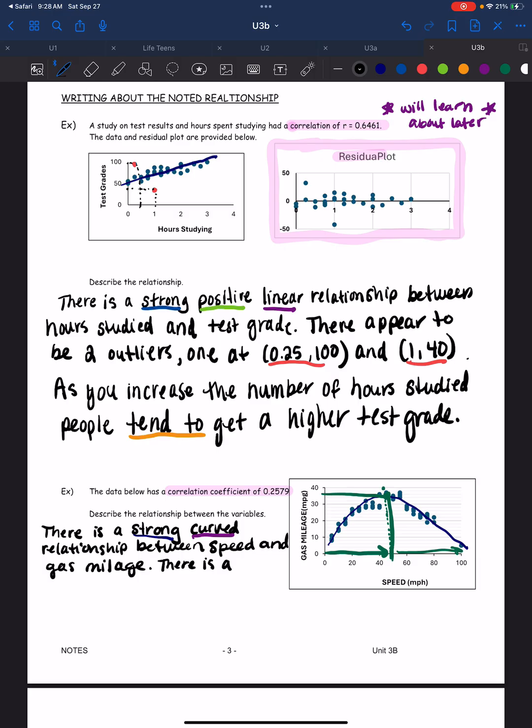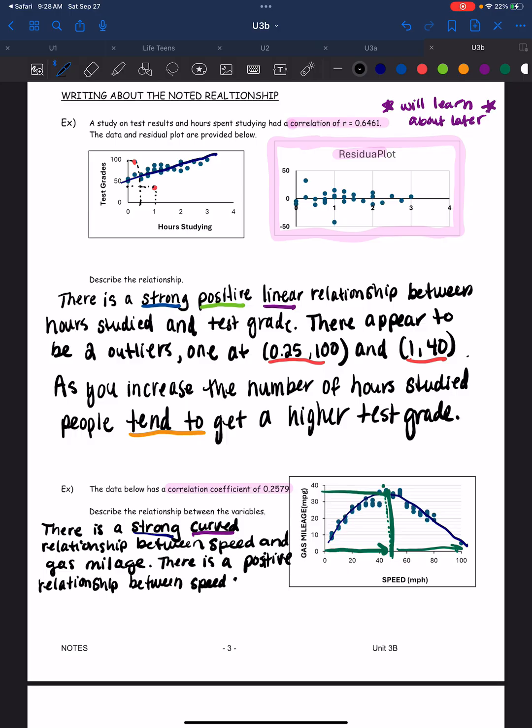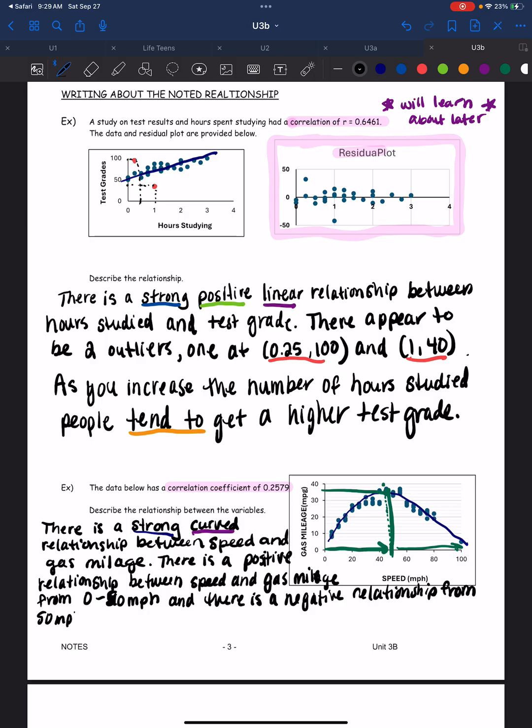So we would say there is a positive relationship between speed and gas mileage from 0 to 50 miles per hour, and there is a negative relationship from 50 miles per hour to 100 miles per hour.